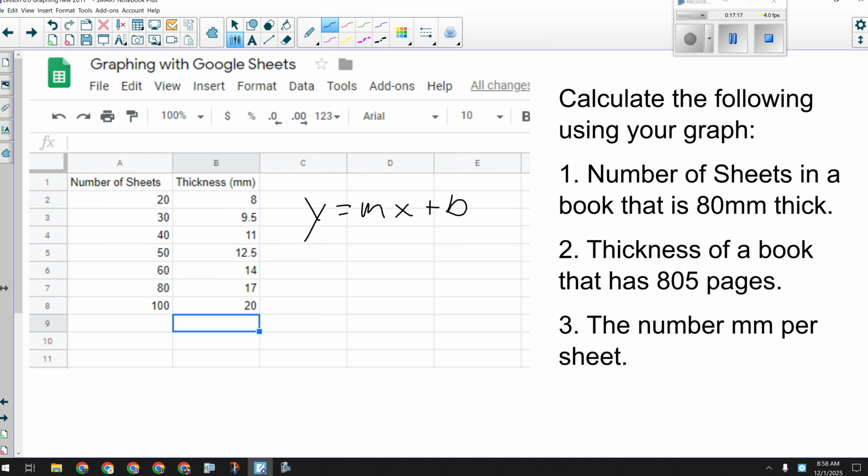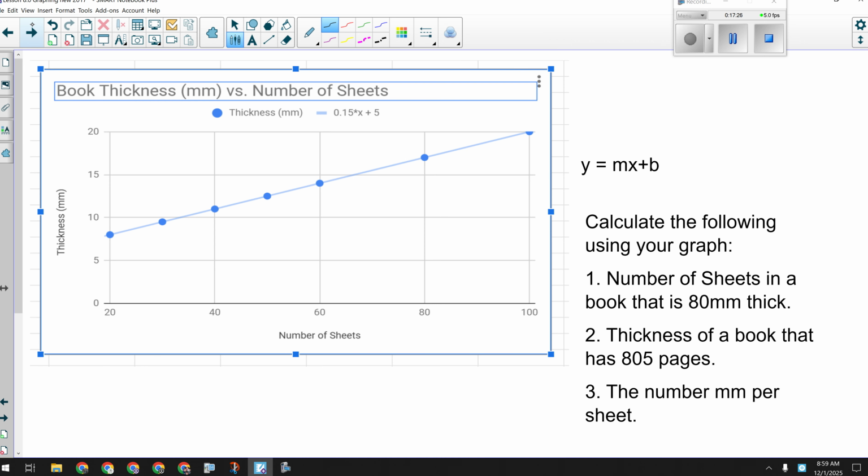Now, this is something you're going to want to add to your notes. Put this equation in there, and I'm going to tell you what each of the parts means. The y value, or y in this equation, is the vertical or y value of any point on the line.